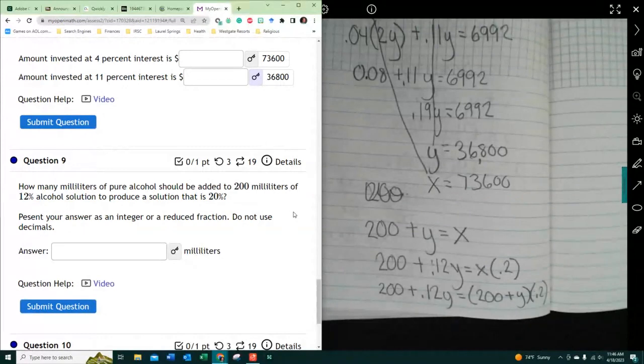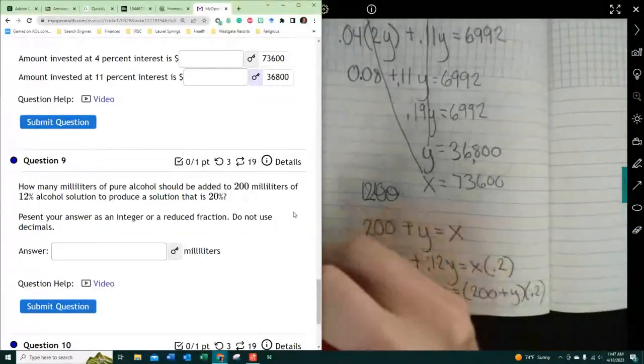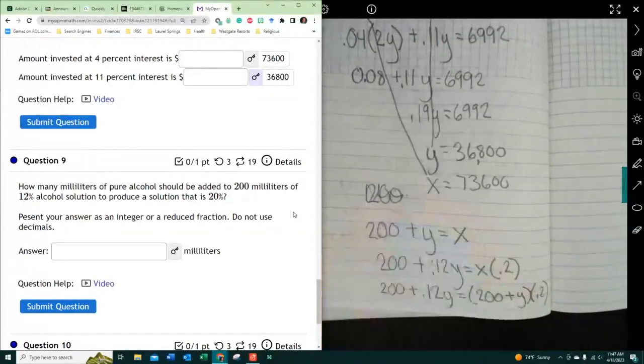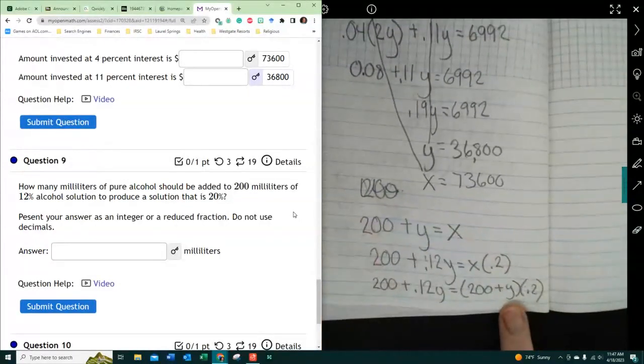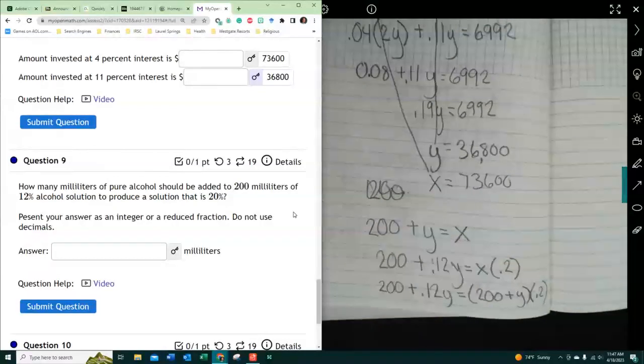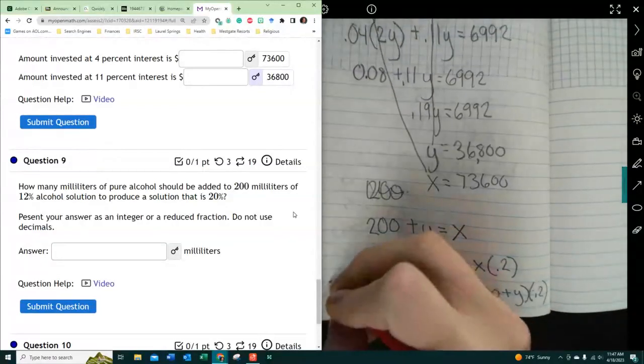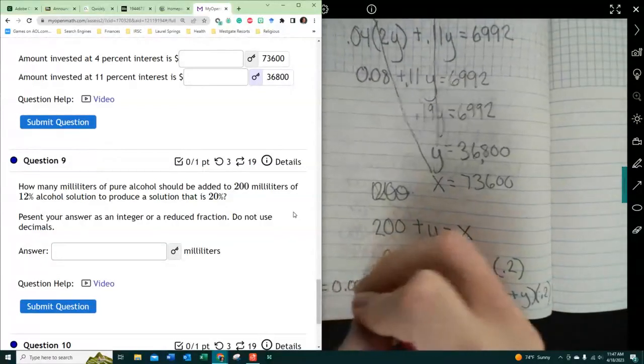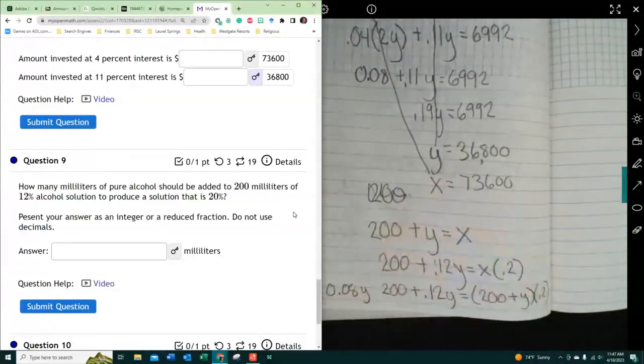All right, let me do that. That's 40. That gives me 160. And then that's going to be subtracting. So that's going to give me 0.8.